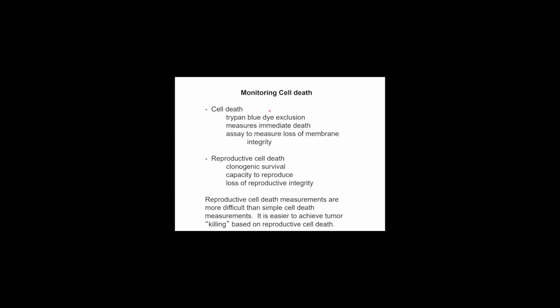So a metabolically active cell that cannot divide, a cancer cell, is not a cancer cell anymore because it can't divide. In the end, all that we care about is whether we've made the cells reproductively dead. It takes a higher dose of radiation to make them metabolically dead than it does to make them reproductively dead.